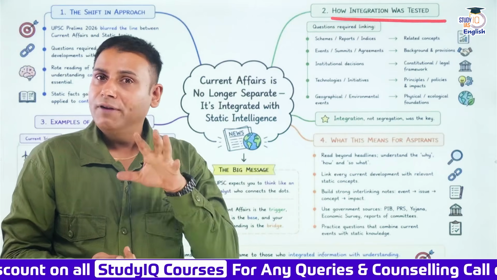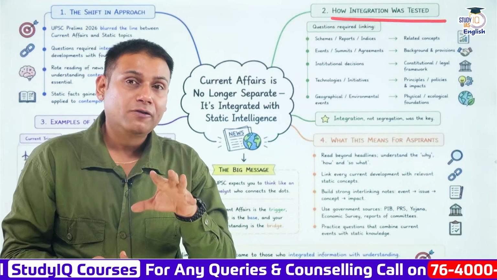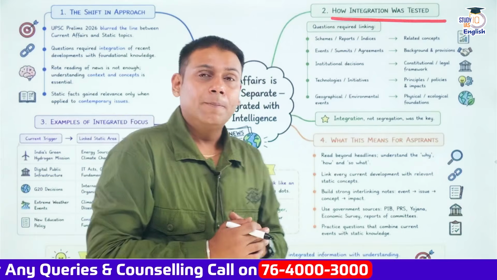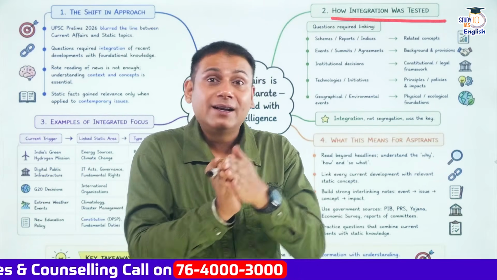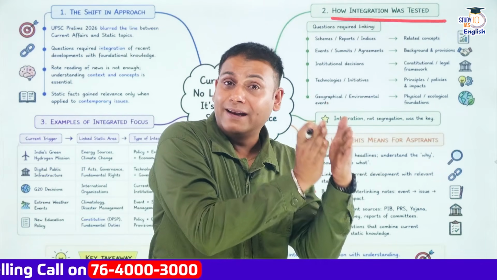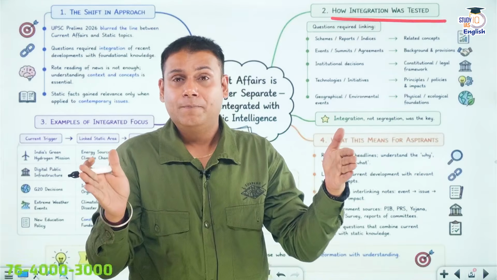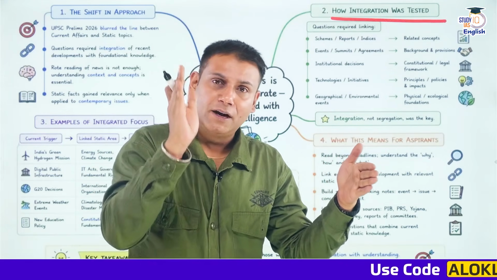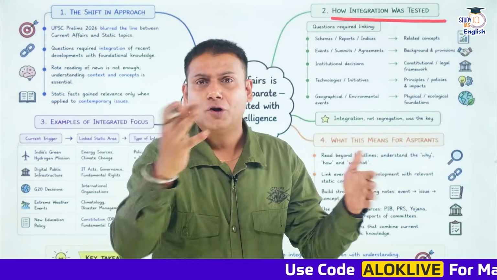Similarly, by observing the questions asked in the UPSC prelims examination related to current affairs, we have understood one thing. Current affairs should not be treated as a separate section, but as a part of an integrated section. Suppose you're studying geography, okay? Suppose you're studying fundamentals of physical geography, you have studied world geography.